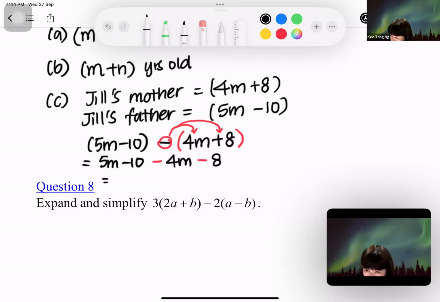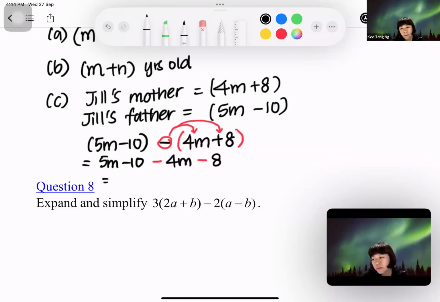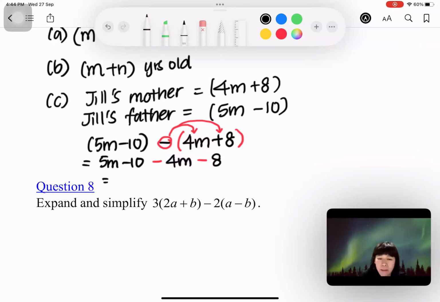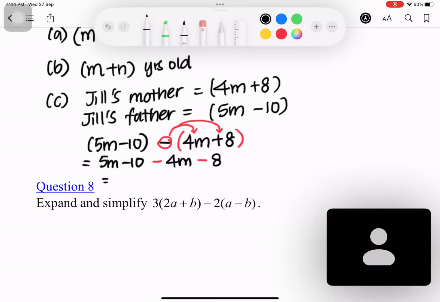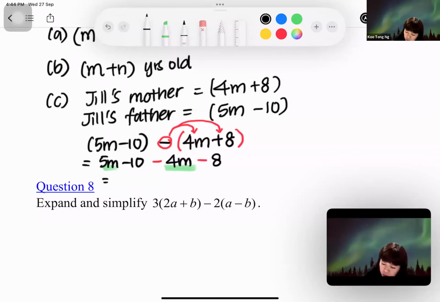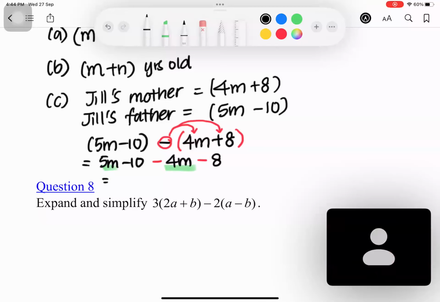Then we simplify. Amira, need your help. 5m minus 4m, left how many m? You simplify this one for me. Amira, 5m minus 4m, how much is it? 5 minus 4, how many? 1m.